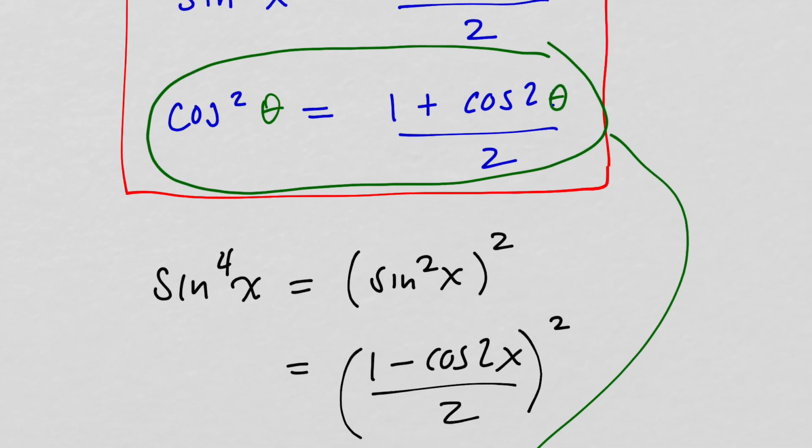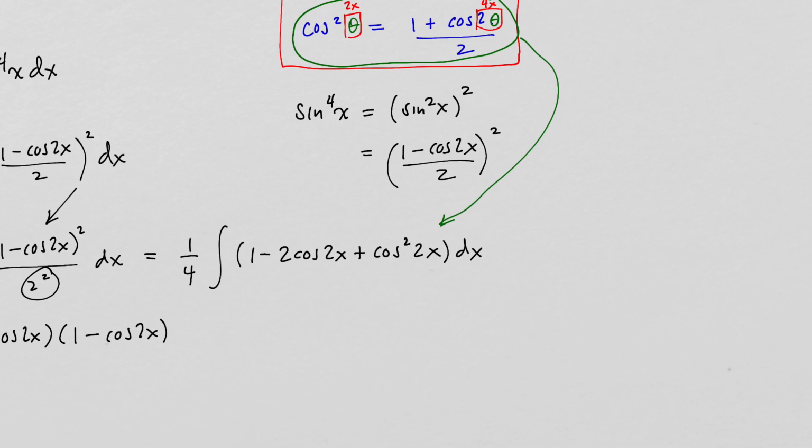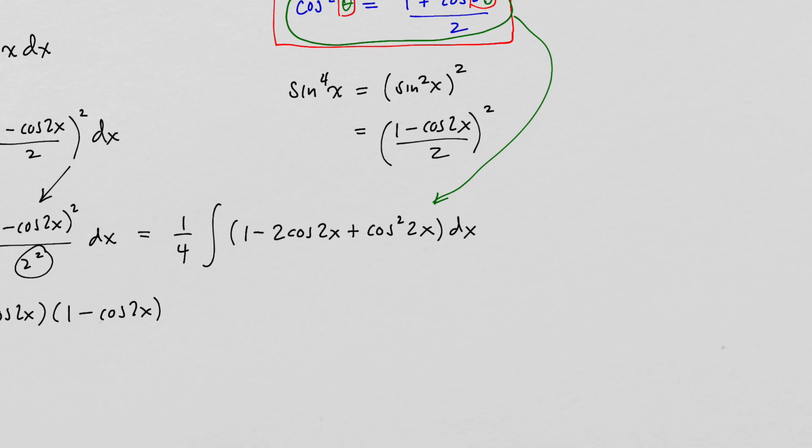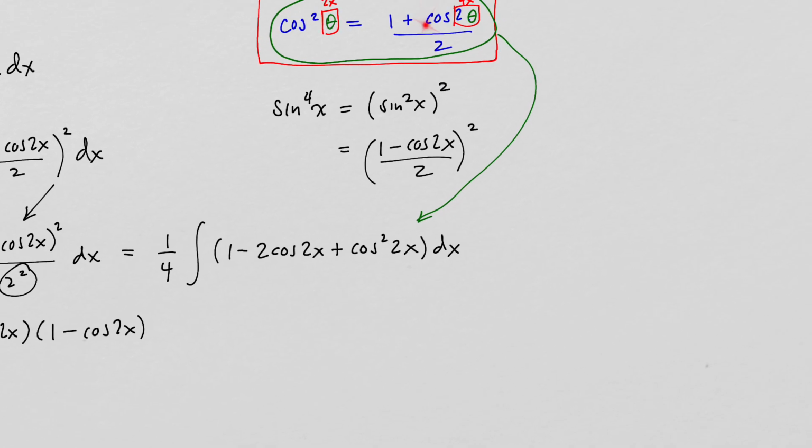So in other words, if you have a 2x here, on the other side, you're just going to have a 4x there. So cosine squared of 2x is 1 plus cosine of 4x divided by 2. So let's go ahead and put all that in here. We have 1/4 integral 1 minus 2 cosine 2x plus 1 plus the cosine of 4x divided by 2.